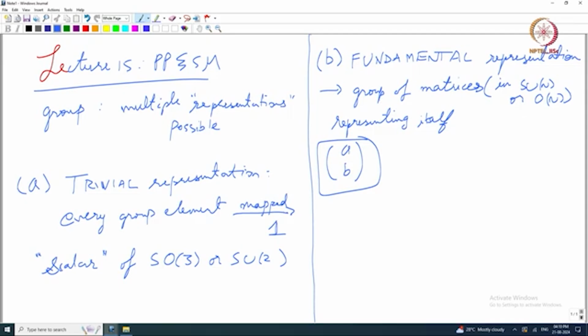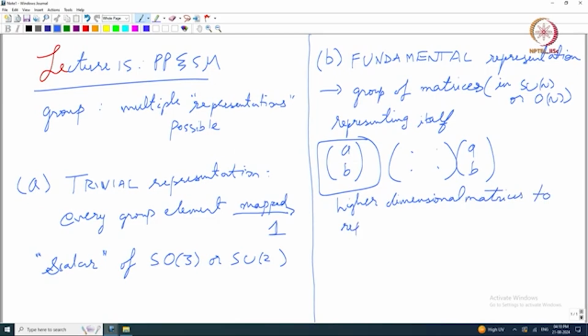Now, for SU(2) we saw that we used a 2 by 2 matrix to do the rotation on spinors like these. However, even here you could use higher dimensional matrices to represent lower dimensional groups.